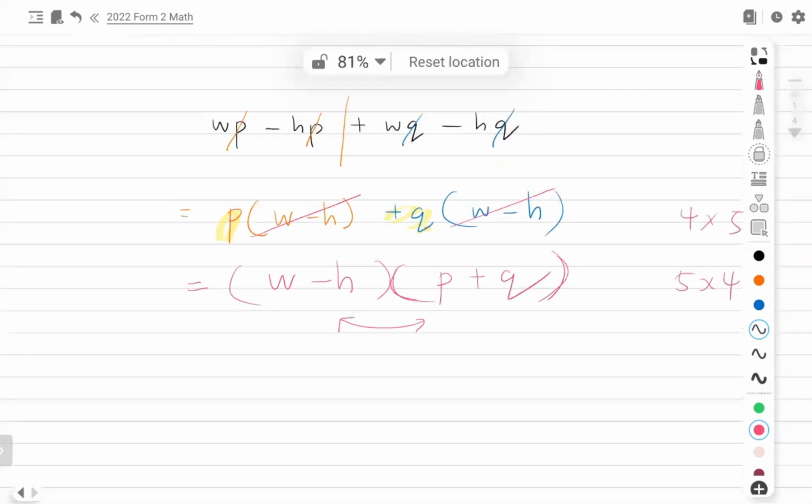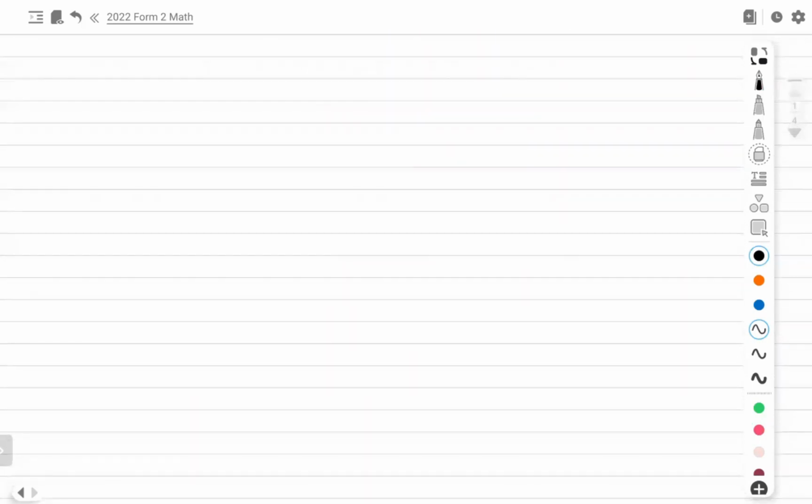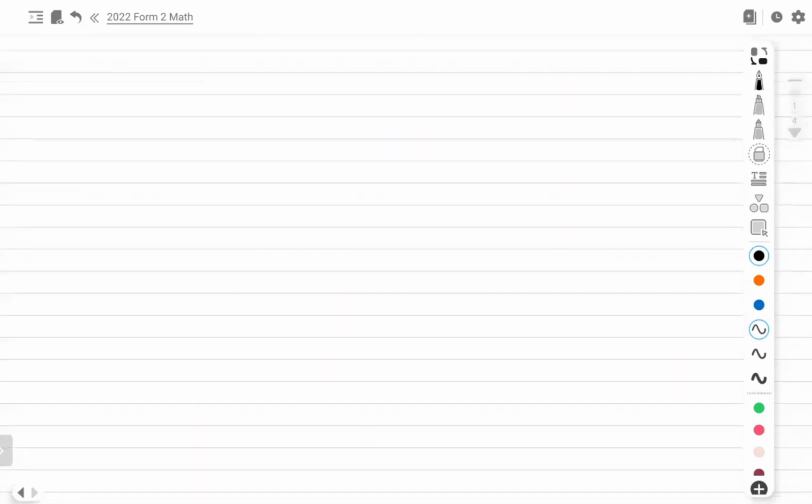Okay, so I do a quick summary for factorization, the 4 types. Simple: you check the number. Let's say we have 5xy minus 10y. First, we check the number first. Oh, got common factor, right? Got common factor, which is 5y. Both terms can be divided by number 5 and letter y.